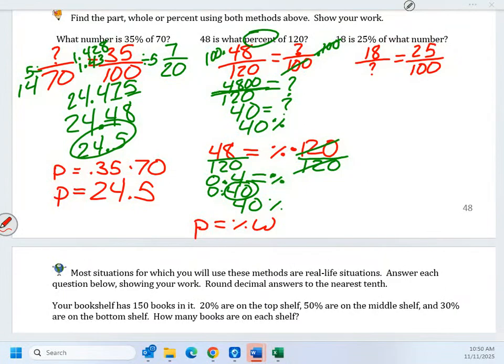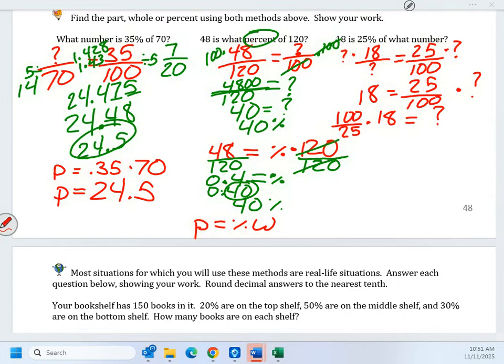So I'm going to multiply both sides by my question mark. So I'm left with 18 equals 25 over 100 times that question mark. To get that 25 hundredths over to this side, I flip it, so it would be 100 over 25 times 18, because you have 25 over 100 divided by 25 over 100. You flip your fraction to multiply.